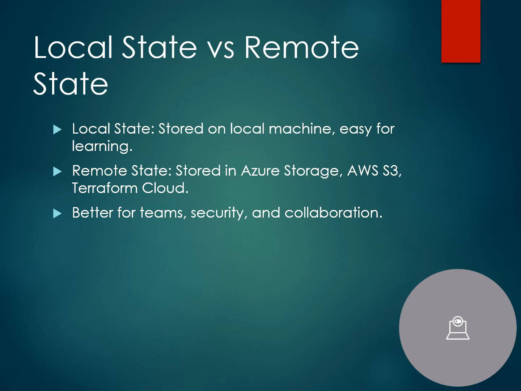In real projects, we store state remotely in common backends: Azure storage account, AWS S3, Terraform Cloud. The advantages are that it is shared across teams, gives more security, supports the state locking feature, and is better for production.